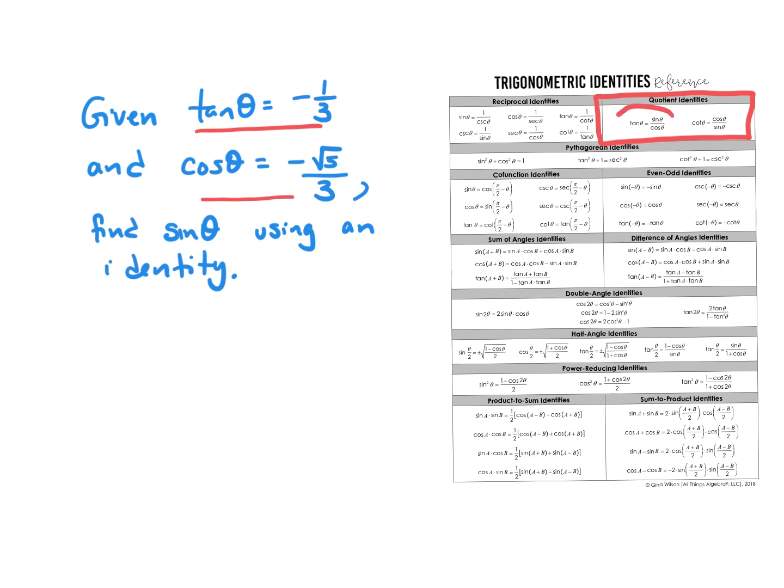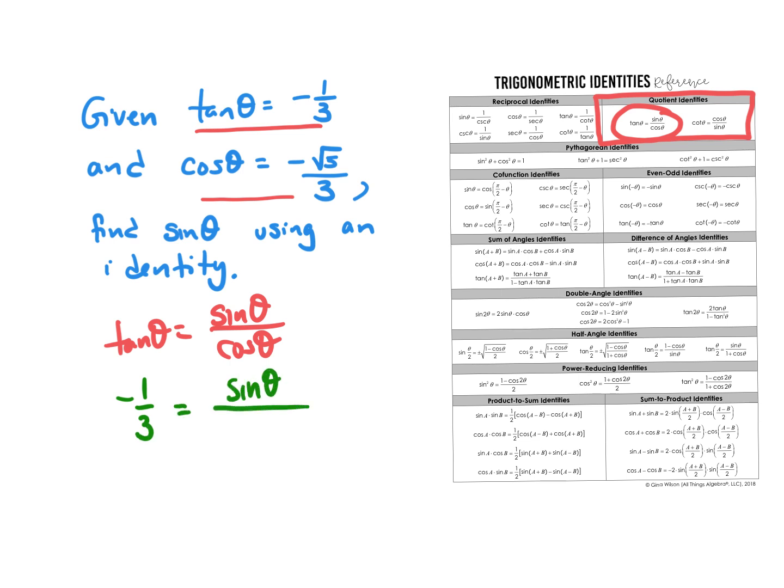Tangent equals sine divided by cosine. I know two of these values and I'm missing one. The tangent is negative 1/3. I don't know the sine, so I'll leave that there, but the cosine is negative radical 5 over 3.